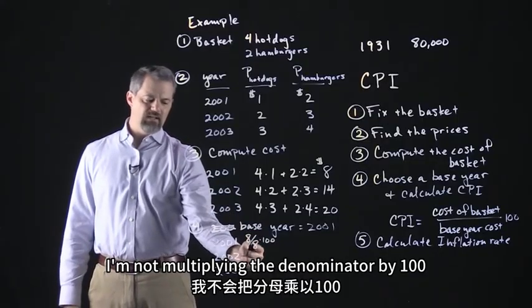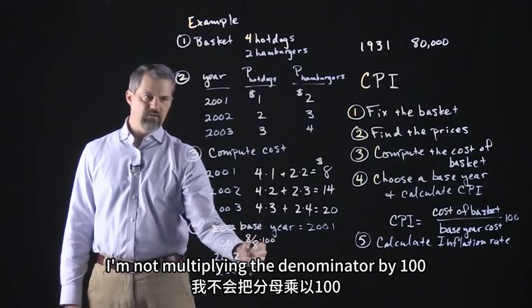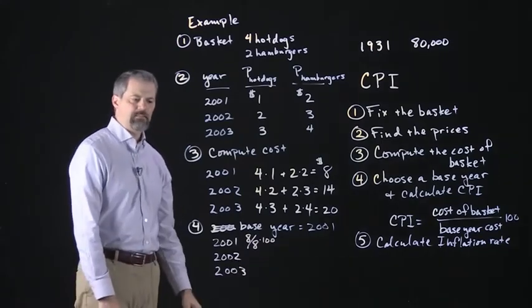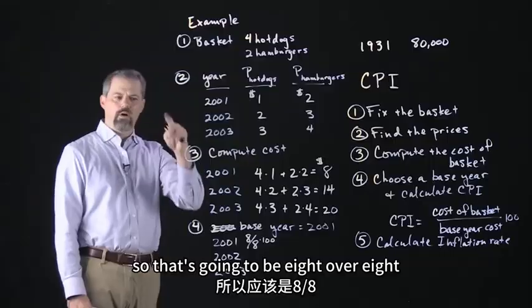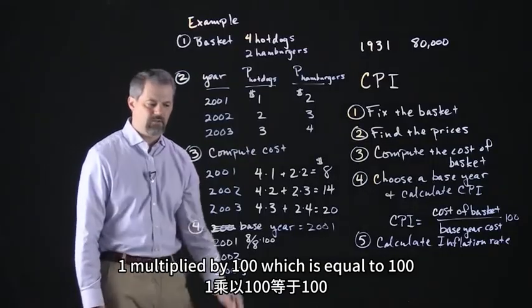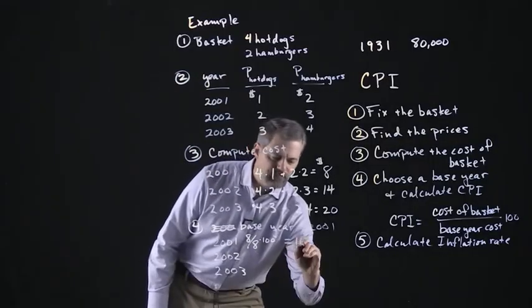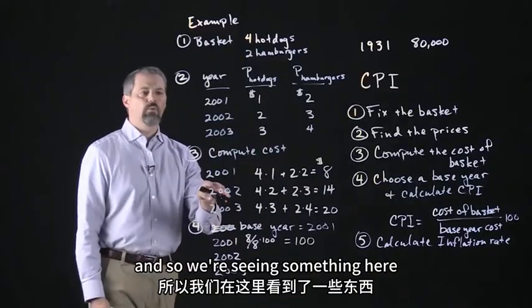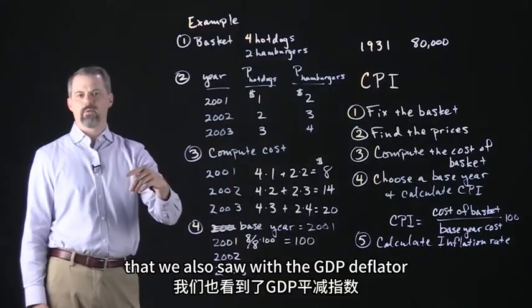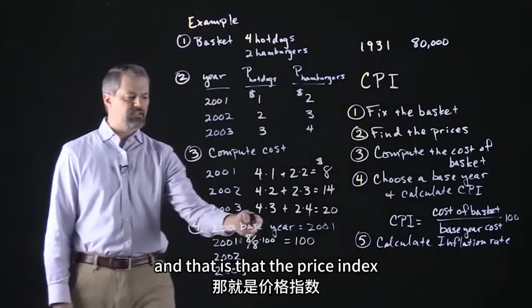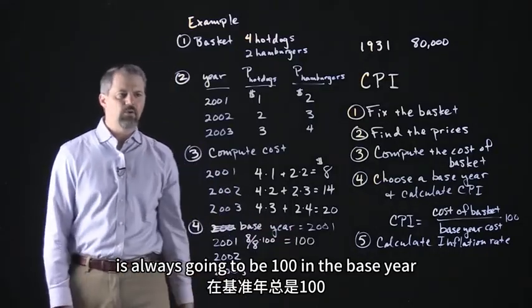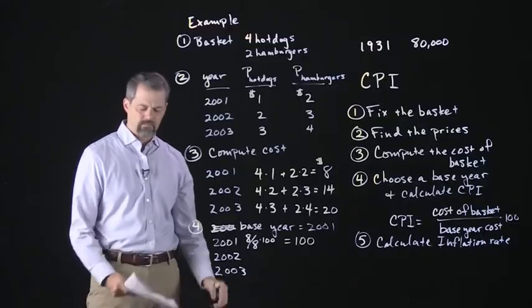I'm not multiplying the denominator by 100, so don't be confused by that. So that's going to be 8 over 8, 1, multiplied by 100, which is equal to 100. And so we're seeing something here that we also saw with the GDP deflator, and that is that the price index is always going to be 100 in the base year.